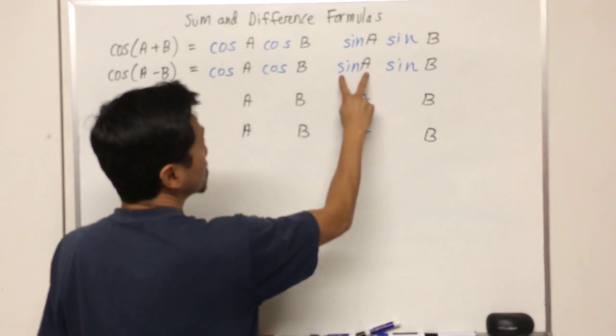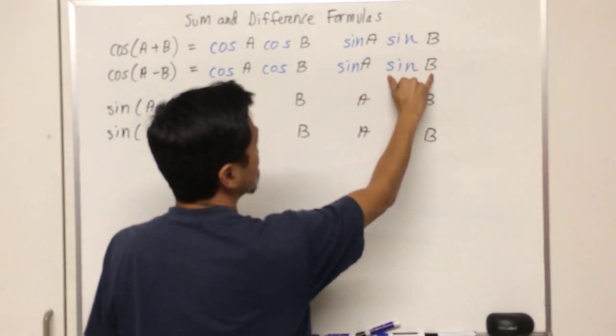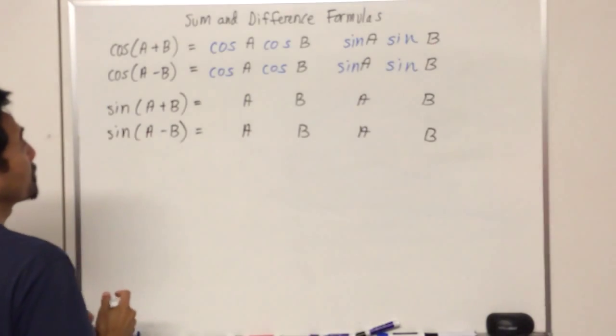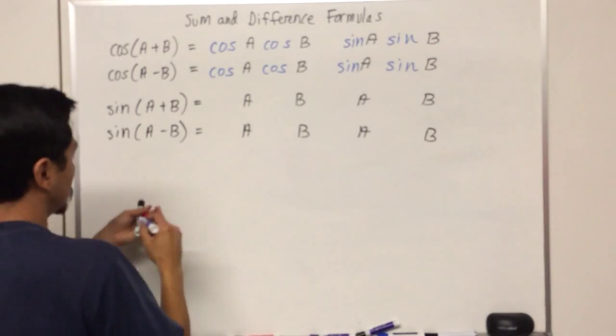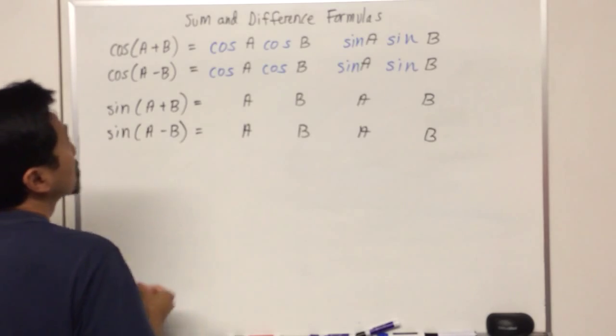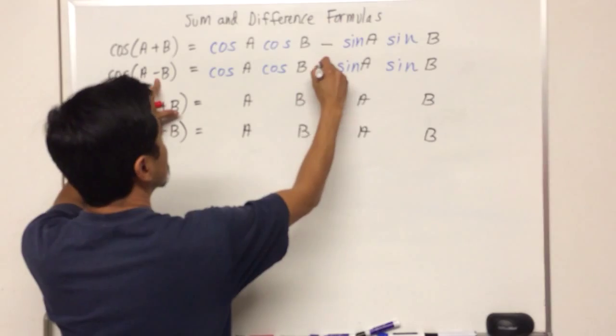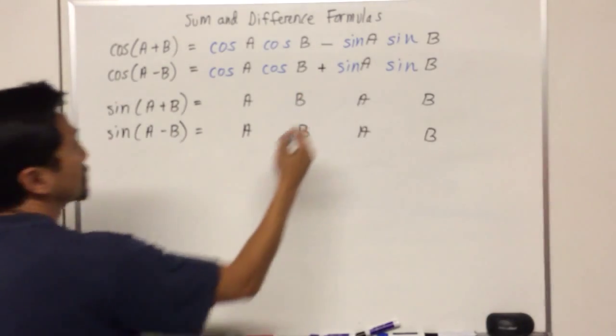So you've got the sine of A multiplied with the sine of B. The sine of A multiplied with the sine of B. Okay? And then there is going to be a minus sign in between here and a plus sign here. Okay?